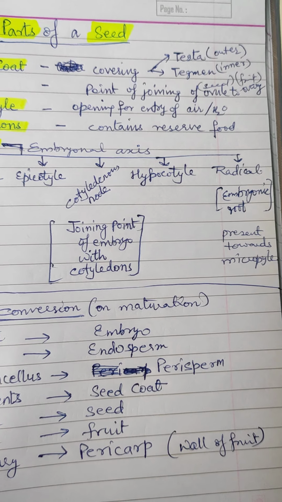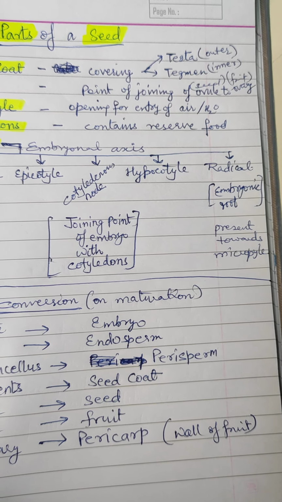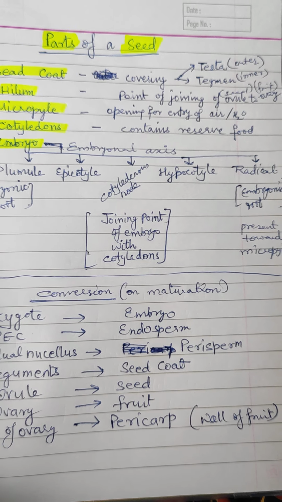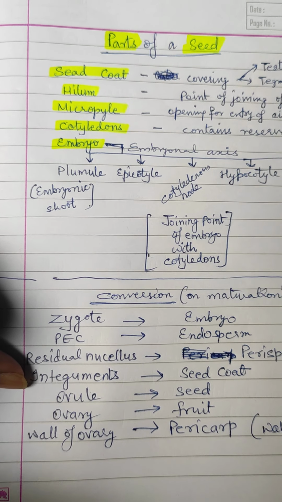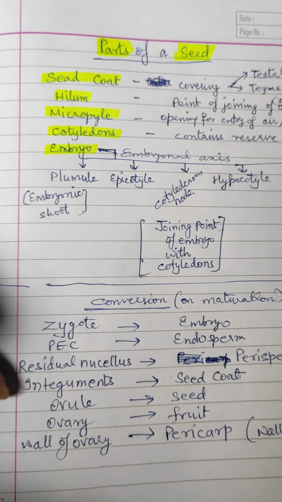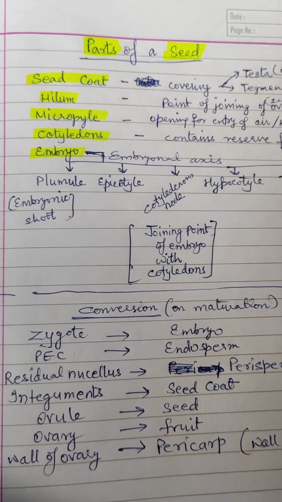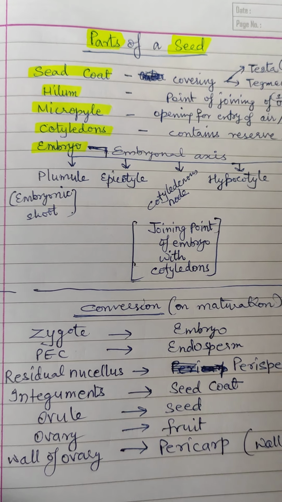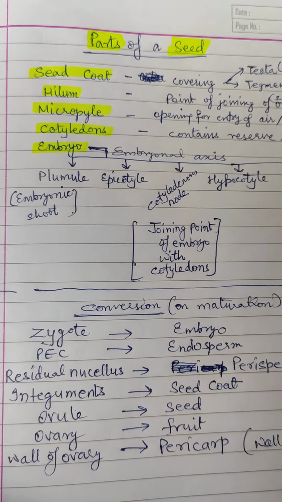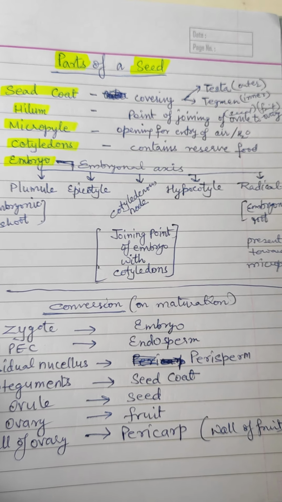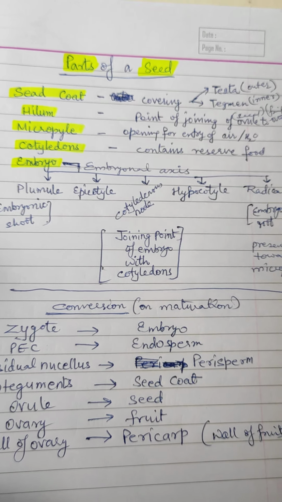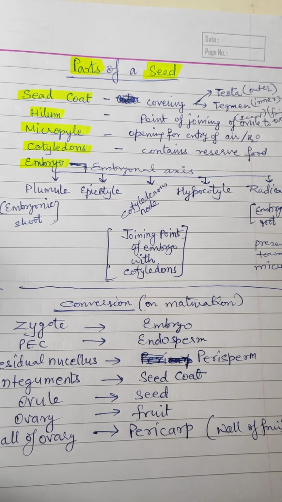Cotyledons contain reserve food which will help in the growth of the new plant. And embryo, the length of the embryo is called the embryonal axis, in which we have already seen there are 5 parts. Plumule, which is the embryonic shoot.